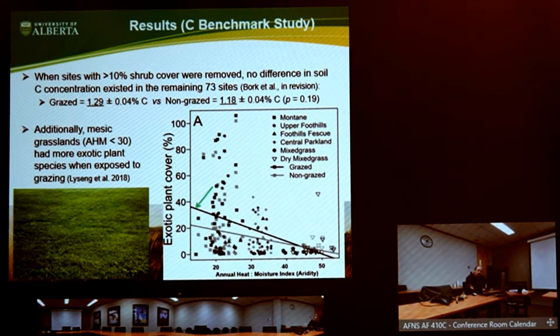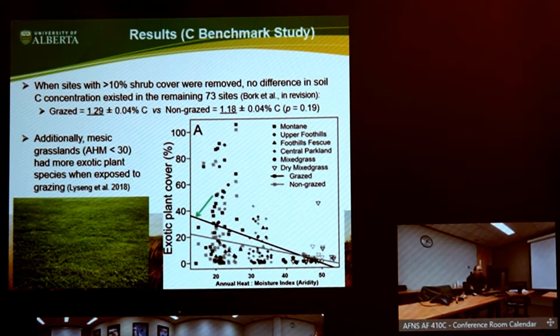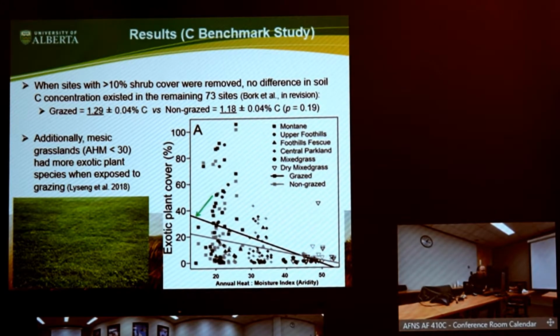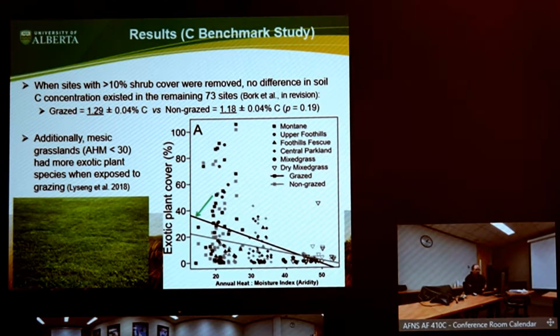And indeed, when we took sites that had more than 10% shrub cover out of our initial analysis, we found that the remaining 73 sites no longer had a significant difference in soil carbon concentration. So you can see the difference here, about 1.29 versus 1.18. The other thing we noticed, though, is that these very wet grasslands also had a greater abundance of exotic plant cover.